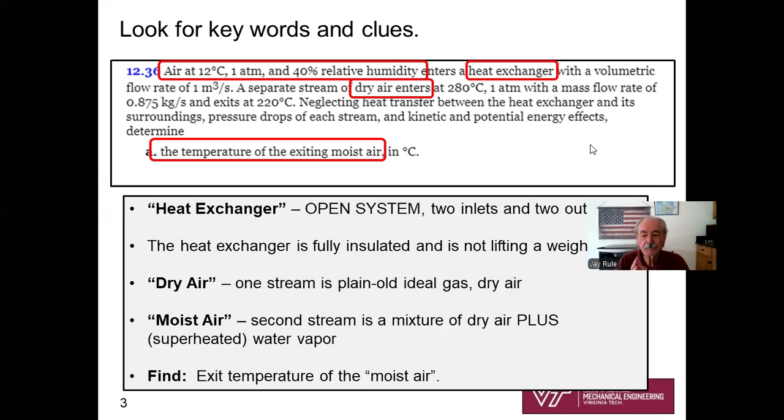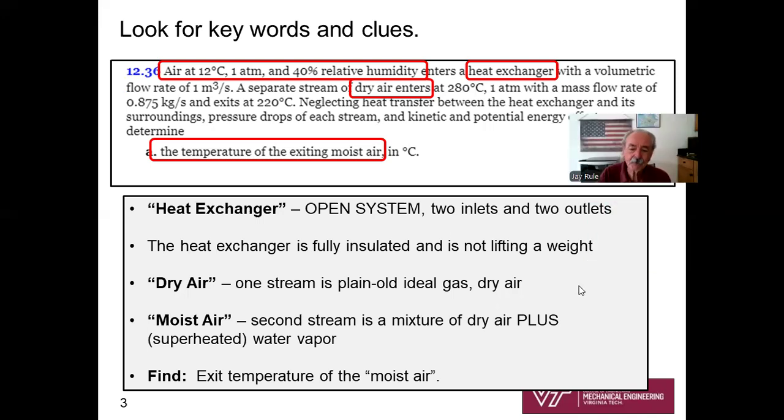And again, the clues, hopefully you've looked at the very involved solution that I presented before, keywords and clues. You're satisfied that with the keyword heat exchanger, you've got an open system operating at steady state, steady flow. And for this heat exchanger, there are 2 inlets and 2 outlets. It says the heat exchanger is fully insulated, so there's no heat transfer between the shell or the vessel of the heat exchanger and the surroundings. And of course, the heat exchanger is not lifting a weight.